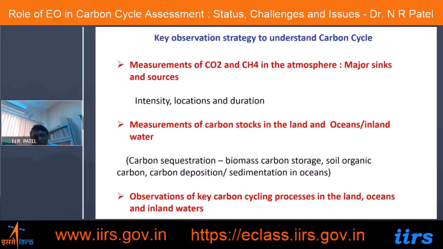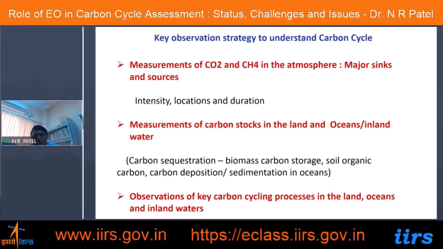We shall have to quantify biomass carbon across the land as well as in the ocean through phytoplankton carbon sequestration, soil organic carbon, carbon deposition and sedimentation process in the ocean, weathering carbon, soil erosion, and how much carbon is transported and sedimented into the ocean or transported by rivers. All of it is a part of the carbon cycle.